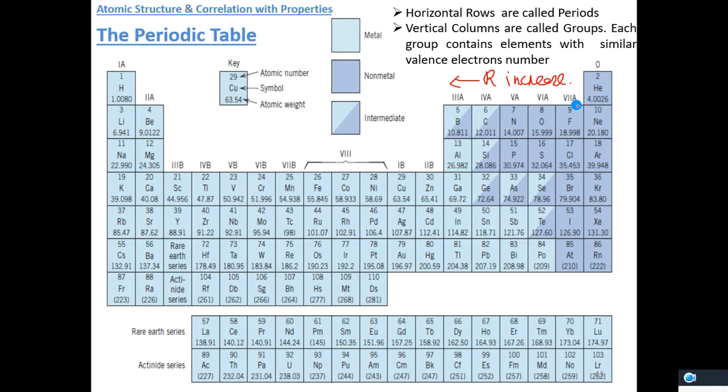Why? Because the number of valence electrons will increase when we go from right to left, and when the number of electrons increases there are more electrons in the outermost shell, and the atom will be packed up and the radius will decrease.